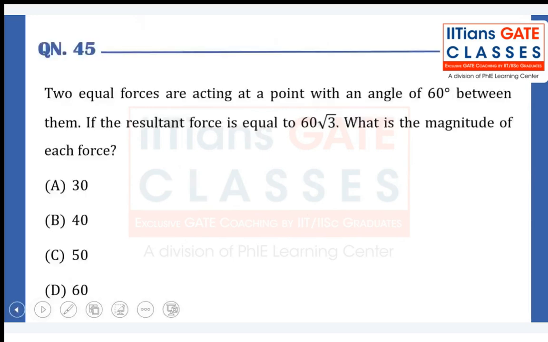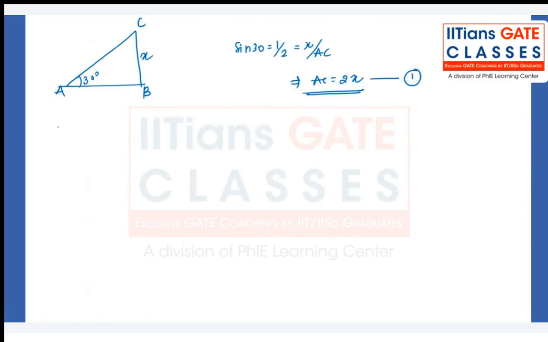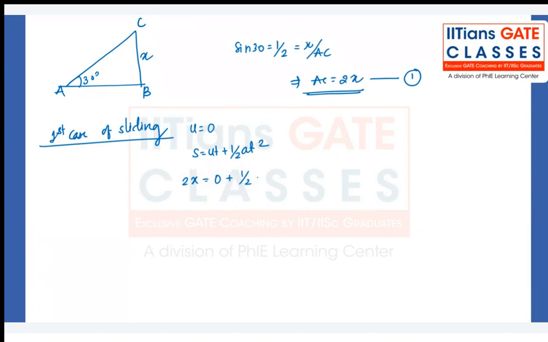So in the first situation, in the first case of sliding, initial velocity is 0, we know. So s is equal to ut plus half of at square. We'll try to find the distance and compare it with the 2x. So 2x has to be equal to 0 plus half of.